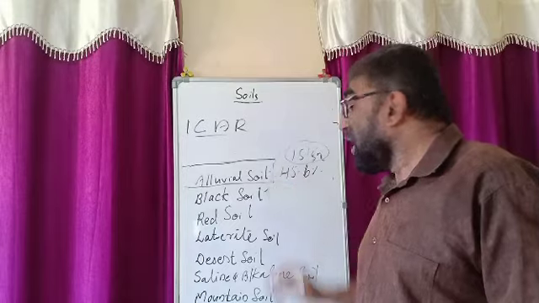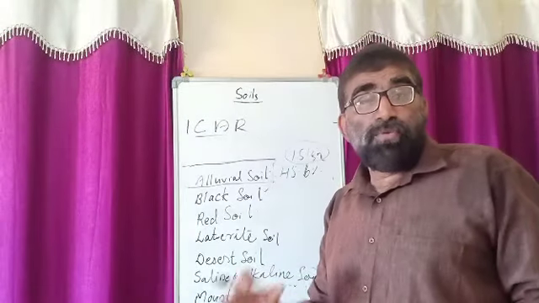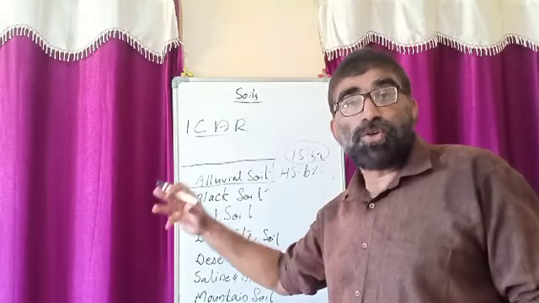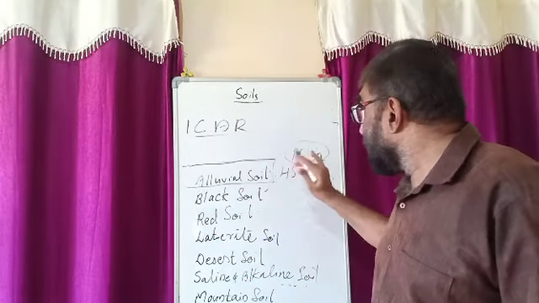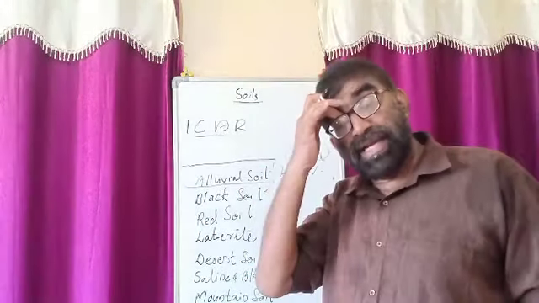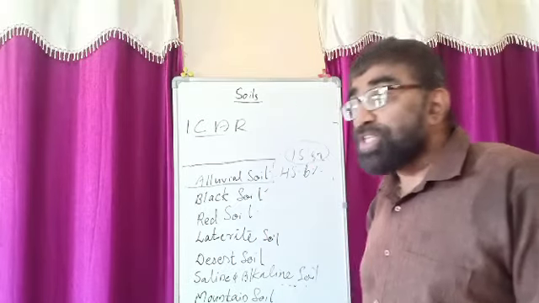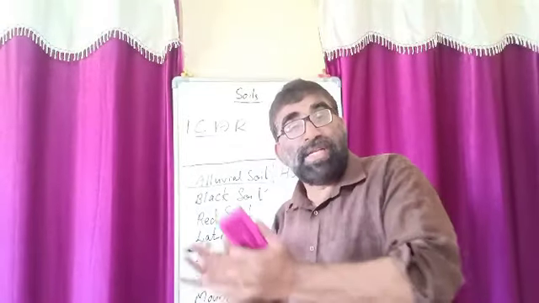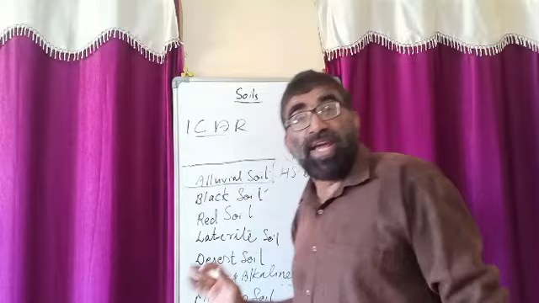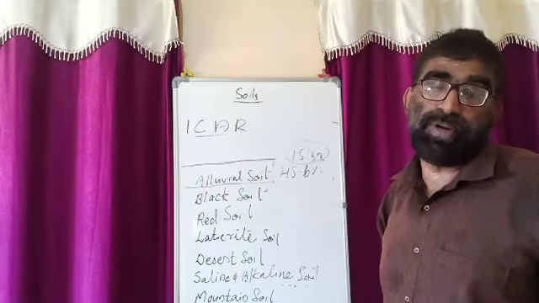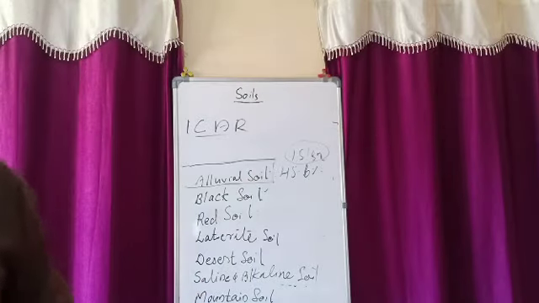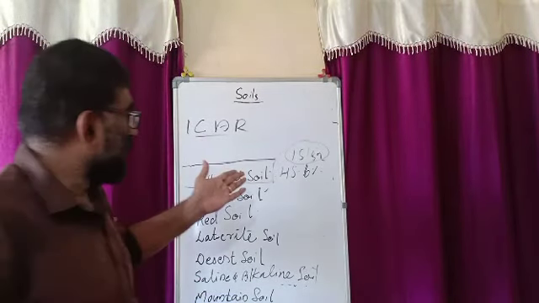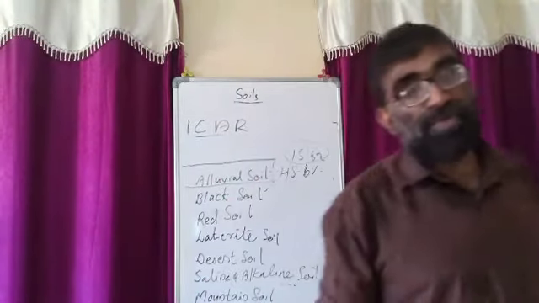Then deltaic alluvium. Deltaic alluvium forms the delta regions of Mahanadi, Krishna, Godavari, and Ganga. In these deltas, the soil found is known as deltaic alluvium, and coastal alluvium is found in the eastern coastal plain, also there in the Gujarat plain.